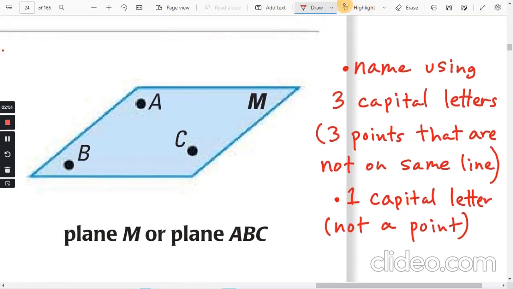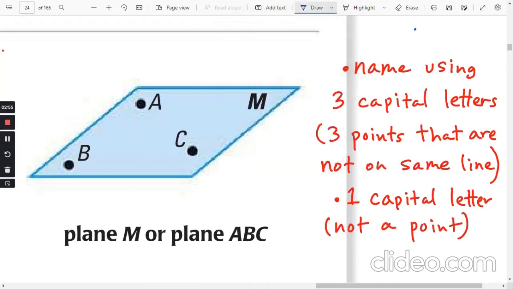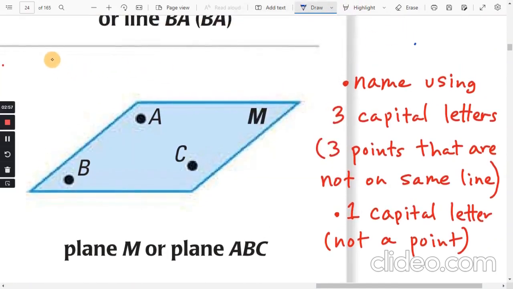So in order to name this plane here, we can say ABC, and really the order of the letters doesn't matter. Okay, so you can say BAC, CAB, and so on.